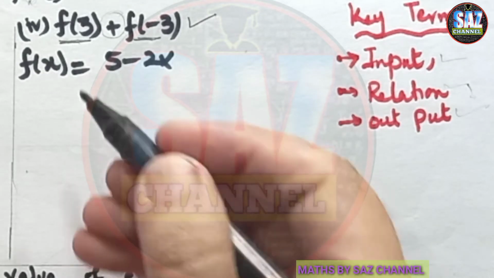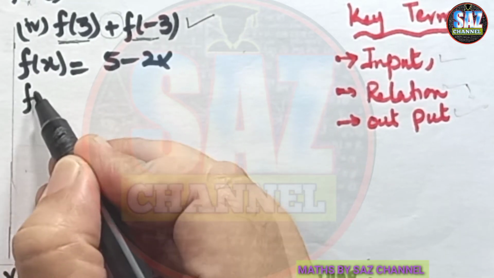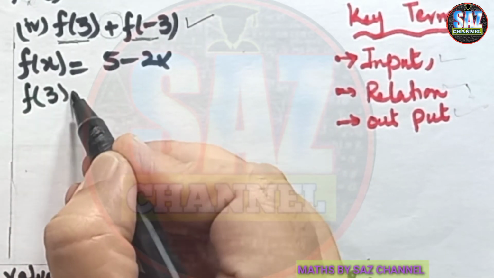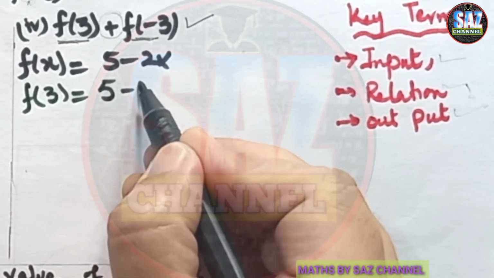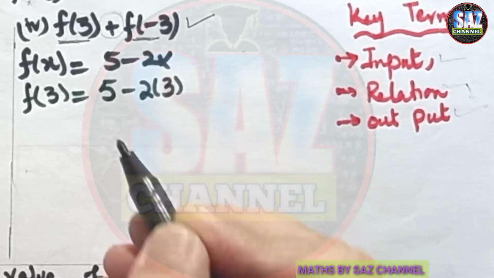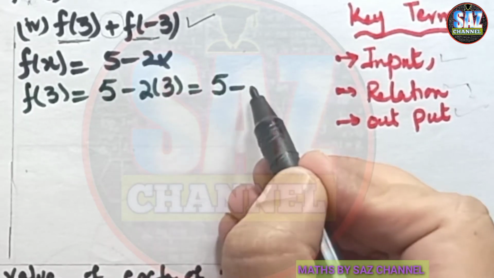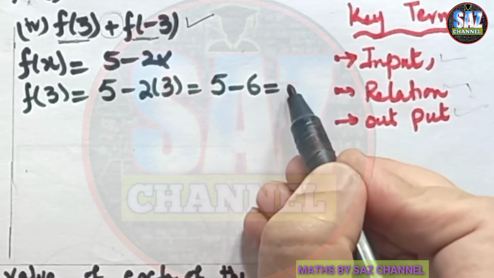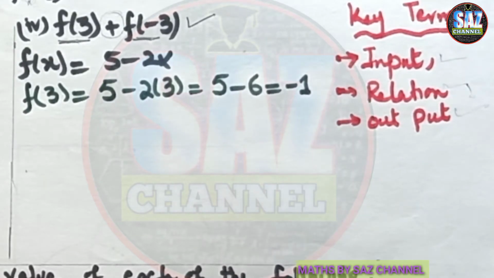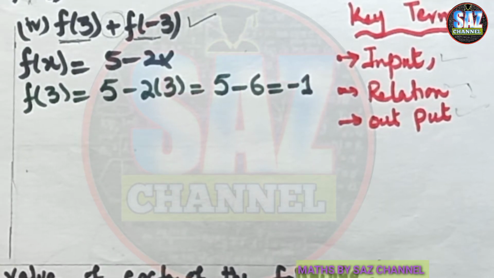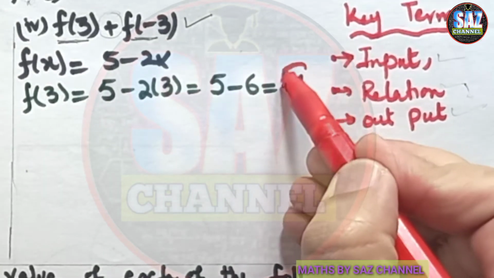F of 3 will give me 5 minus 2 into 3. 2 times 3 is 6, 5 minus 6, which is equal to minus 1. This is one of the answers. So let me block this answer.